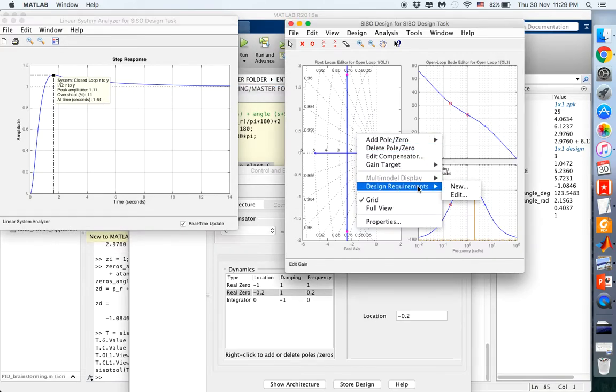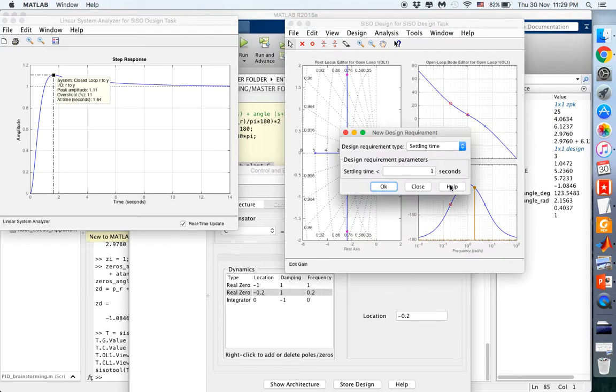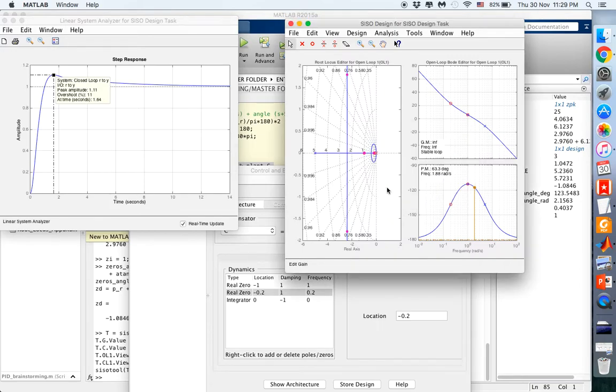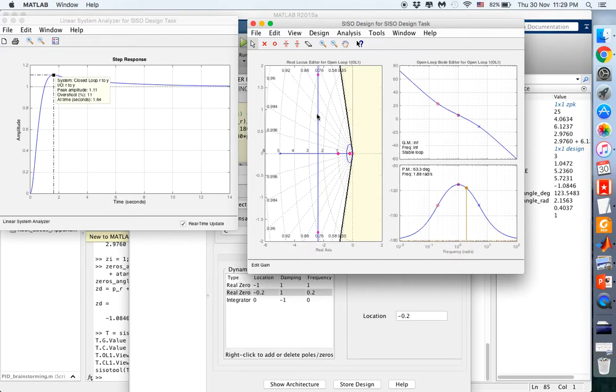So basically it's below the maximum 25% overshoot required. Yeah, it's located below the 25% region.